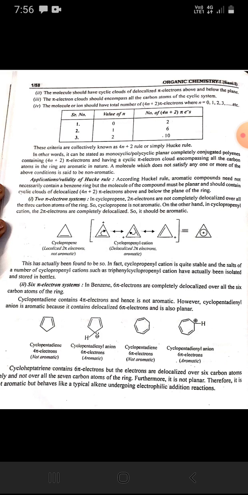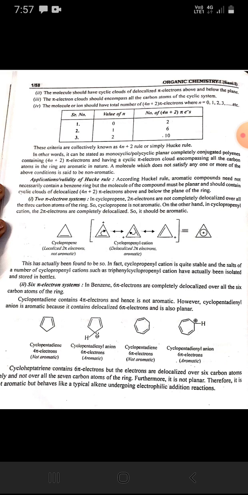In other words, it can be stated as: monocyclic, polycyclic, planar, completely conjugated polyenes containing 4n plus 2 pi electrons and having a cyclic pi electron cloud encompassing all the carbon atoms in the ring are aromatic in nature. A molecule which does not satisfy any one or more of the above conditions is said to be non-aromatic.